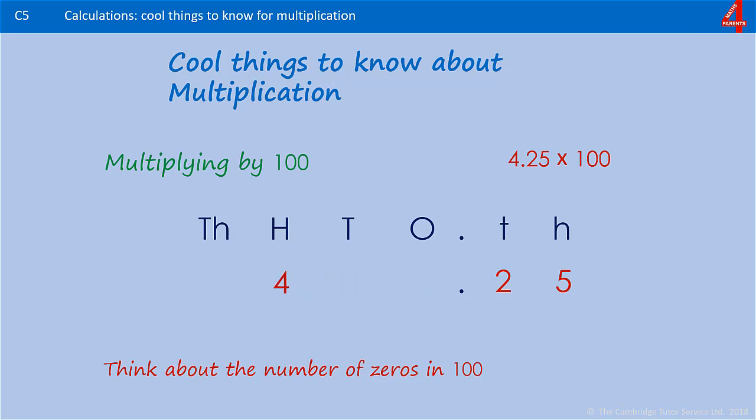The 4 will move from the ones to the hundreds, 2 tenths will move into 2 tens, so that's now worth 20, and 5 hundredths will move to become 5 ones or 5 units. 4.25 times 100 is 425.